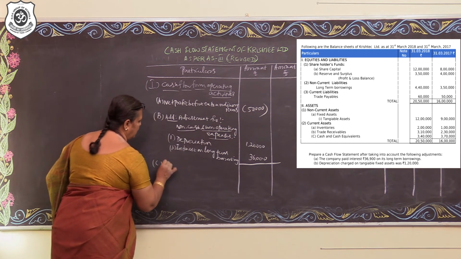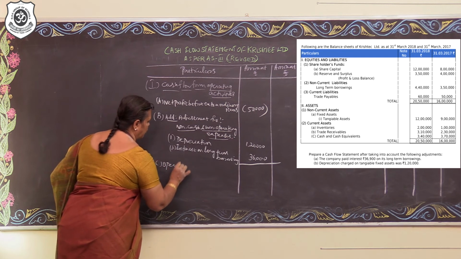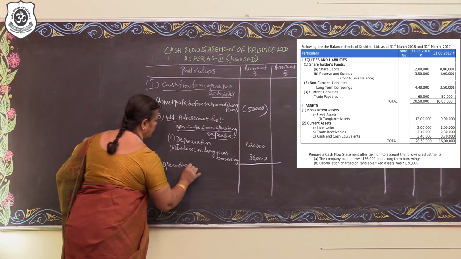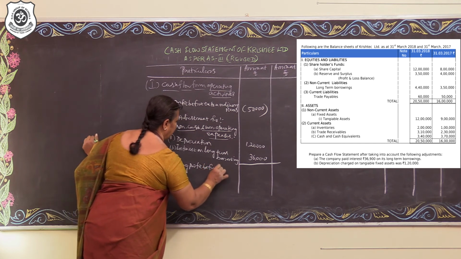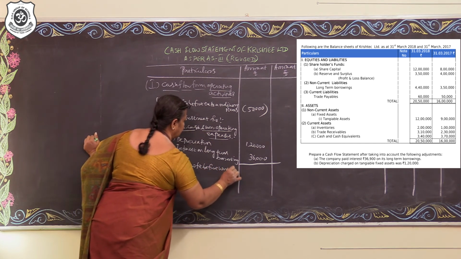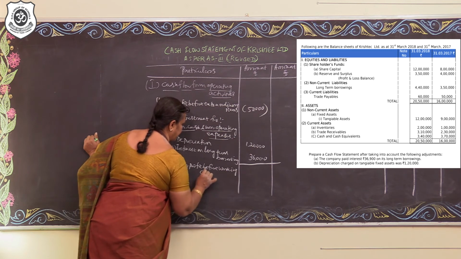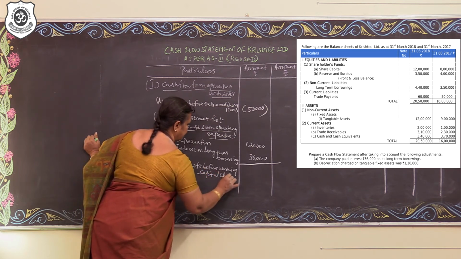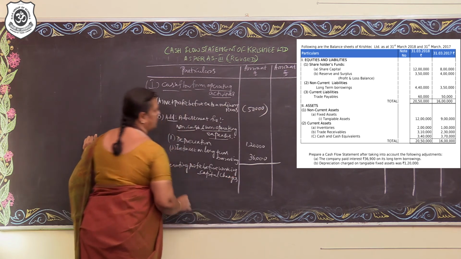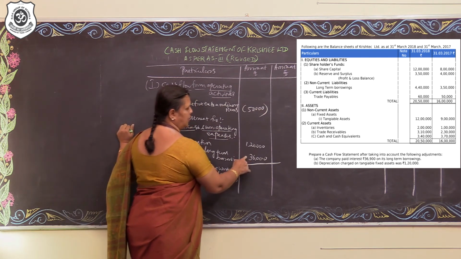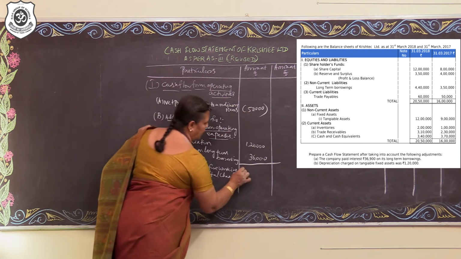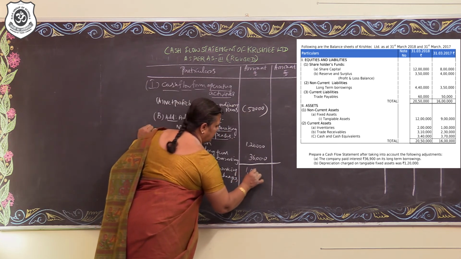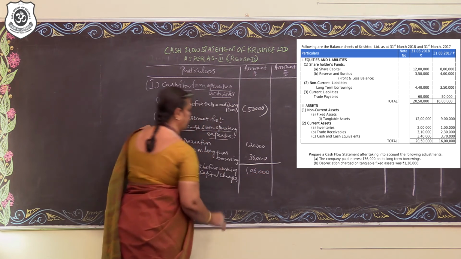So, we should be arriving at operating profit before working capital changes. Working capital changes 1,56,000 minus 50,000, we will arrive at 1,06,000.